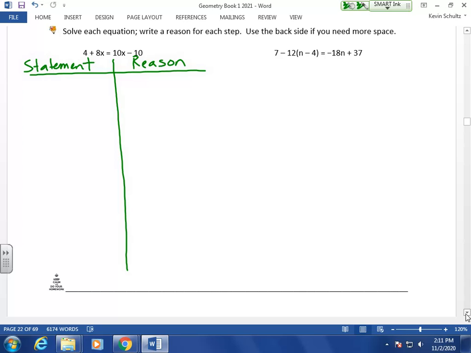So your statement, every single proof will start out with a given statement. And in this case, our given statement is the equation. What do we know? We know that 4 plus 8x equals 10x minus 10. Okay? 4 plus 8x equals 10x minus 10, and we know that because it's given.